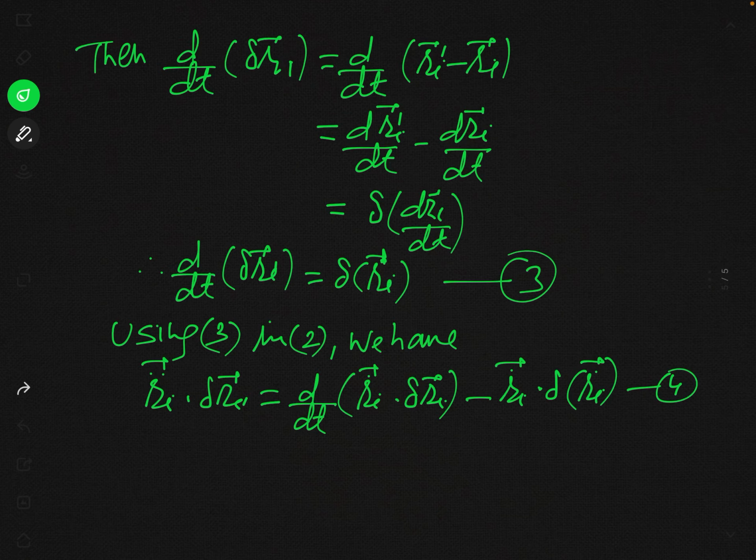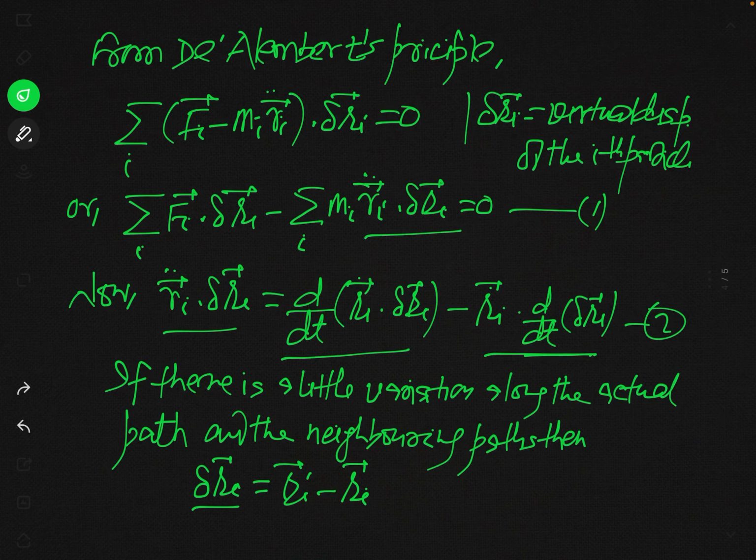Now we will use equation 4 in the first equation, which is actually the D'Alembert principle. As in this equation the term Ri double dot delta Ri is present, and we have evaluated the value of this Ri double dot delta Ri, let us substitute that value in equation 1.